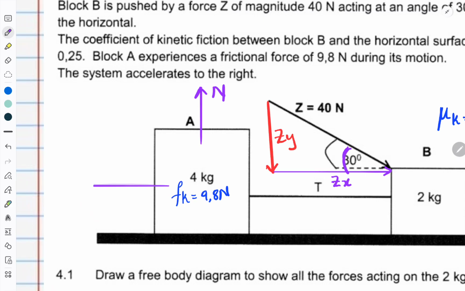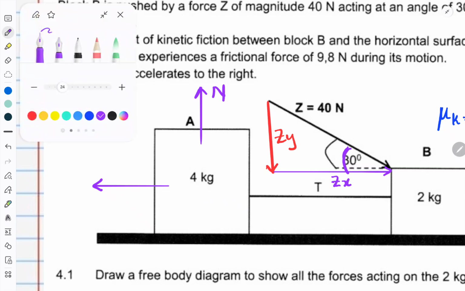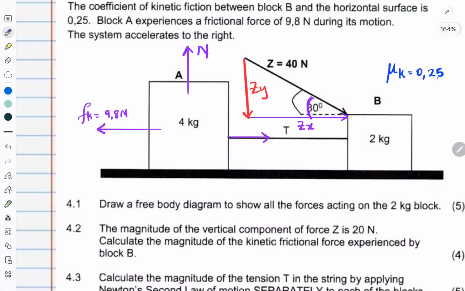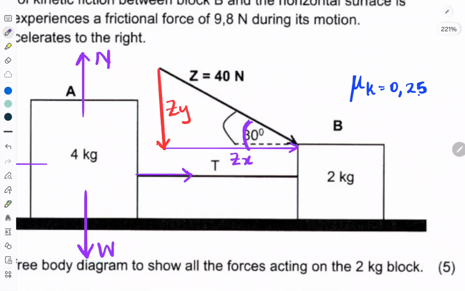Then we have kinetic friction, Fk, which is 9.8 newtons. Then we have tension going that way. And lastly we have weight, W or Fg. Some people prefer Fg, it's the same thing really.